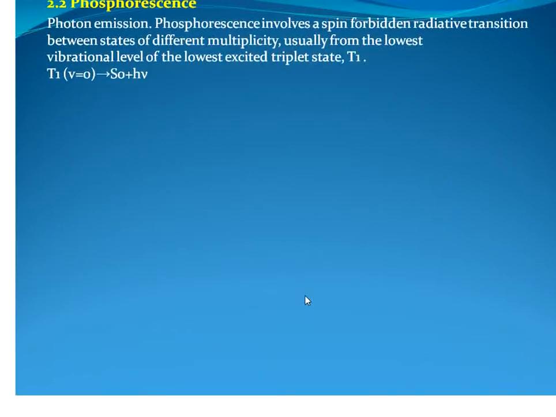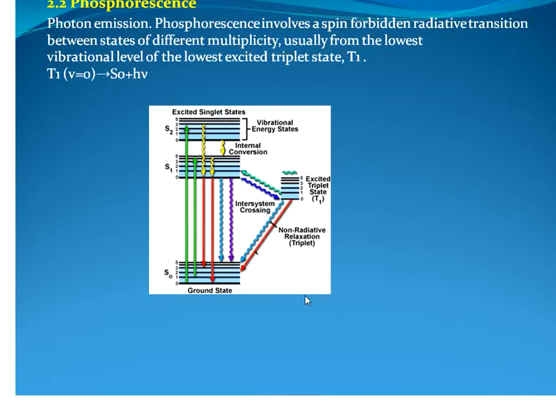Now let's look at phosphorescence. This one is a photon emission. Phosphorescence involves a spin-forbidden radiative transition between states of different multiplicity, usually from the lowest vibrational level of the lowest excited triplet state. This is the type of transition we are talking about.